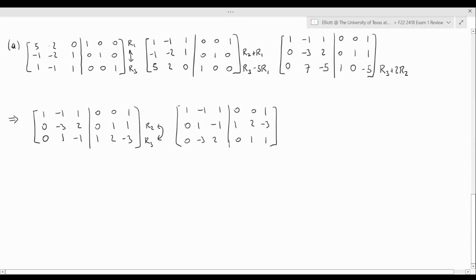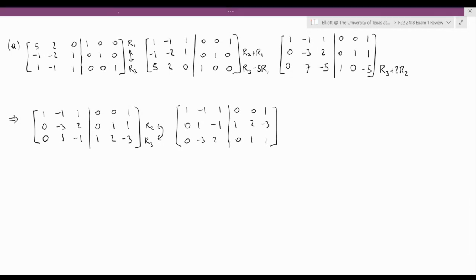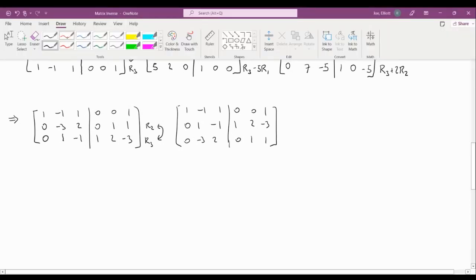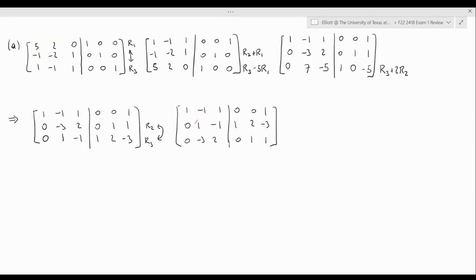Okay. And so now that we have a 1 in that pivot position, it's going to be easier to do the elimination, and we can stay away from the fractions at least for a little bit longer, okay? So I'm going to use that 1 as a pivot, and here I want to reduce all the way to an identity matrix, not just an upper triangular form.